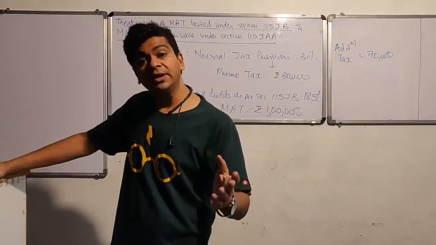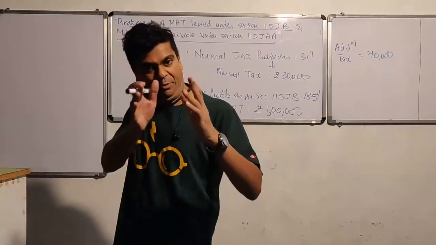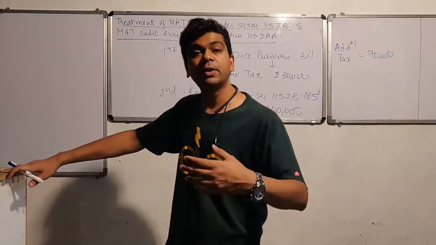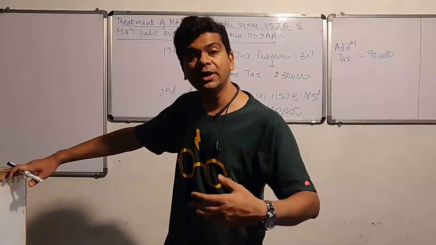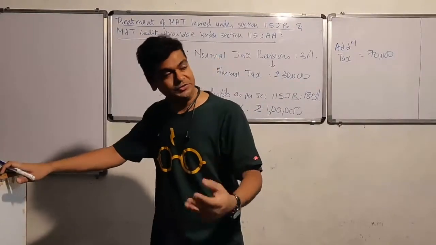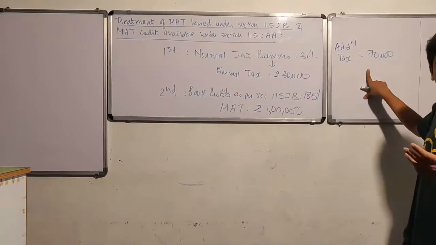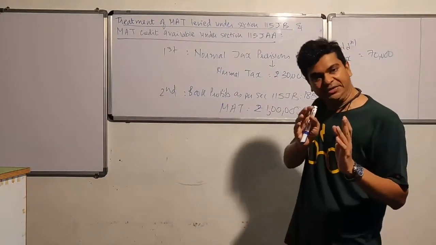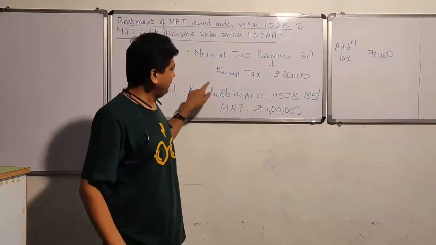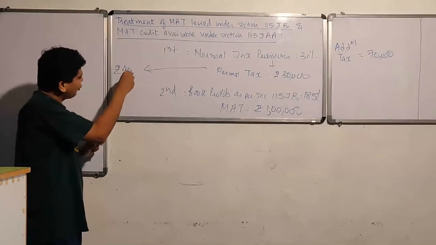For example, let us say in the next year 115 JB is no longer applicable. The moment 115 JB is no longer applicable, I will start paying tax as per the normal and regular tax provisions. Once you start paying tax as per the normal tax provisions, whatever extra tax you have paid, you will get credit for the same. So as per the normal tax provisions, let us say now I am supposed to pay a tax of 40,000.